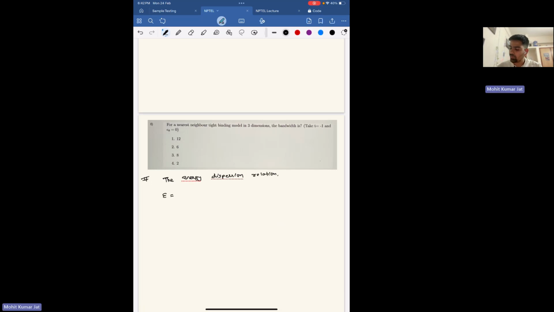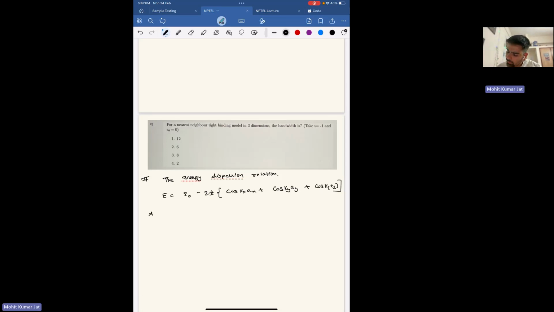E is equal to E naught minus 2t times cos kx ax plus cos ky ay plus cos kz az. There will be states like that below the E naught, and above that also, 2t times this factor.